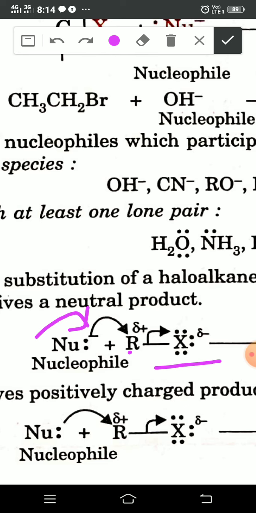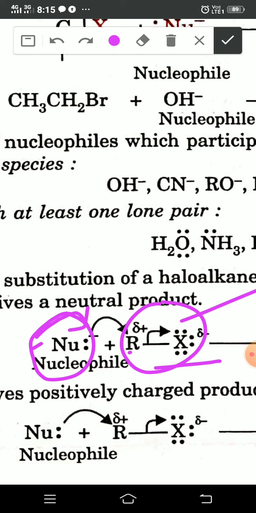This takes place at the same time, means leaving of the halogen atom and attacking of the nucleophile take place simultaneously. That's why it is known as SN2 reaction, because two reagents are involved at a time.